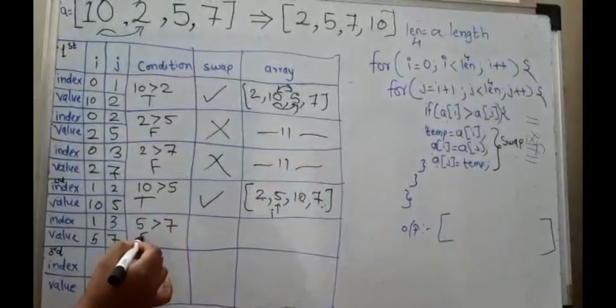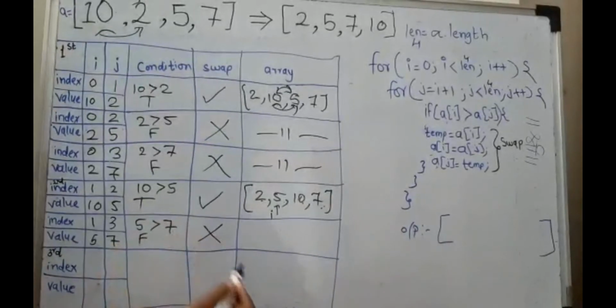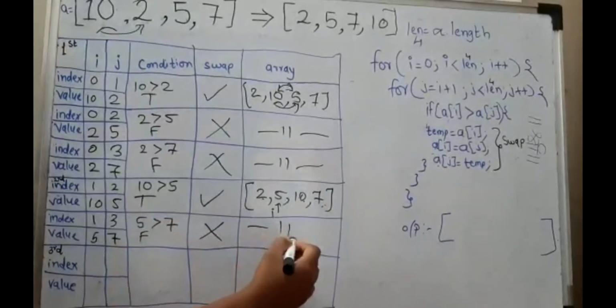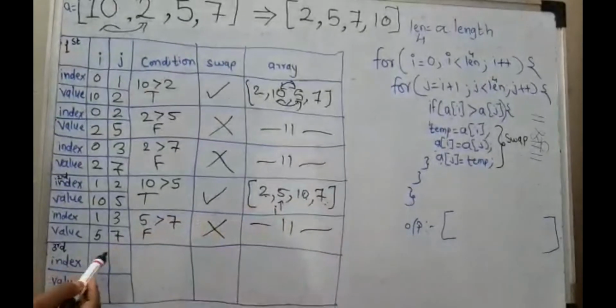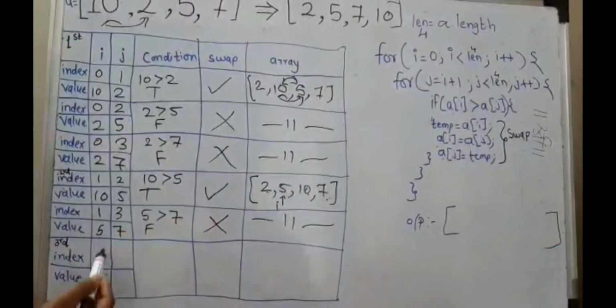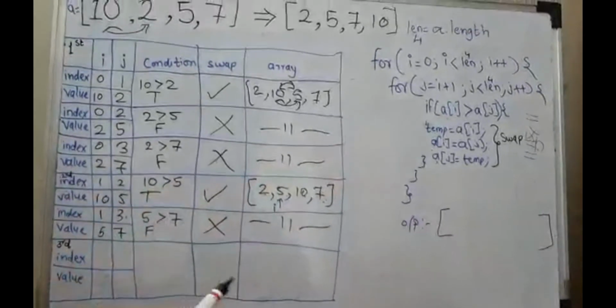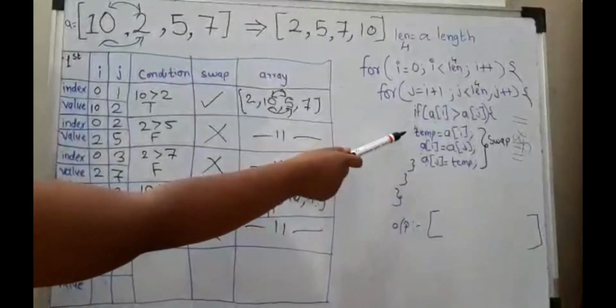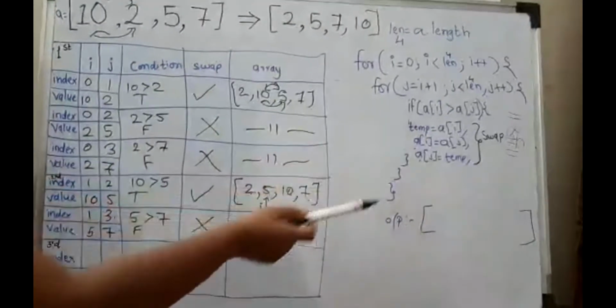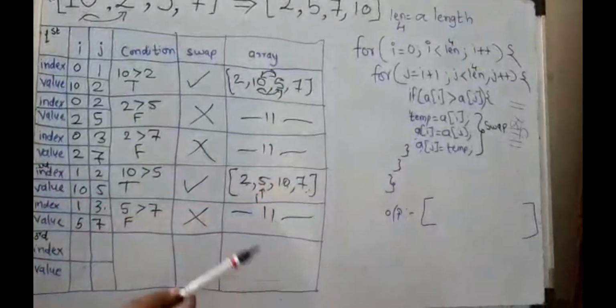No, here the condition is false. So there is no need of swapping. Our array remains as it is because no swap happens here. So our j gets incremented. Now the j value is 4, and 4 is not less than 4. So it comes out of the inner for loop.